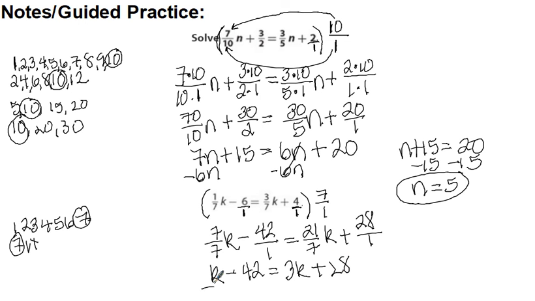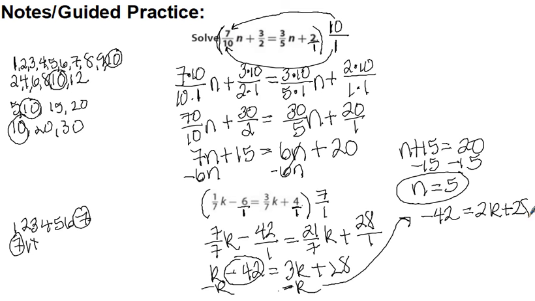So I'm going to subtract k first. Again, I'm going to come over here so I have space. So I'm going to get negative 42. Do not lose this negative, this minus sign right here. Equals 2k plus 28.